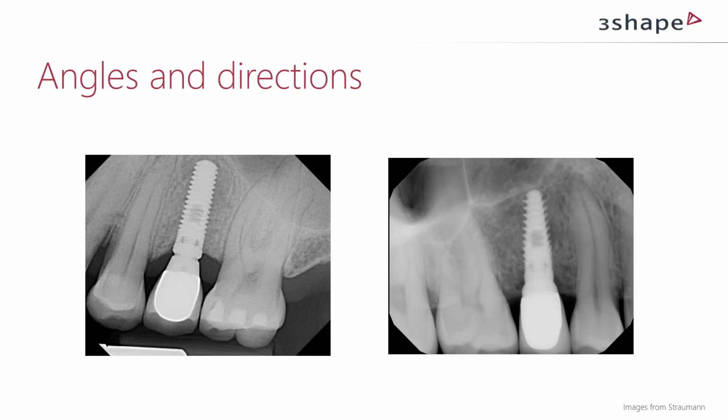So this takes us into the angles, and you know our two friends here again. What we like to talk about regarding angles and directions is to try to follow the original teeth. If they are positioned in one way, try to place the implant in the same way. Don't try to steer away from nature trying to find the position.